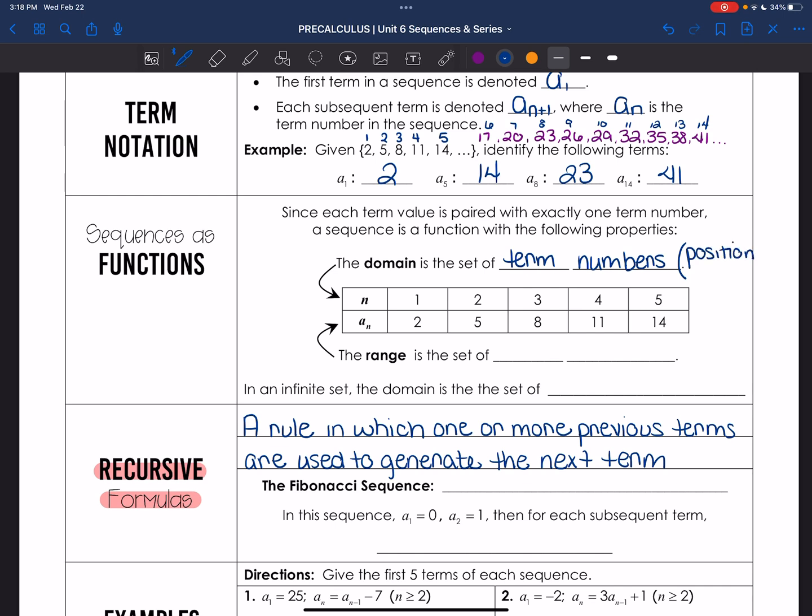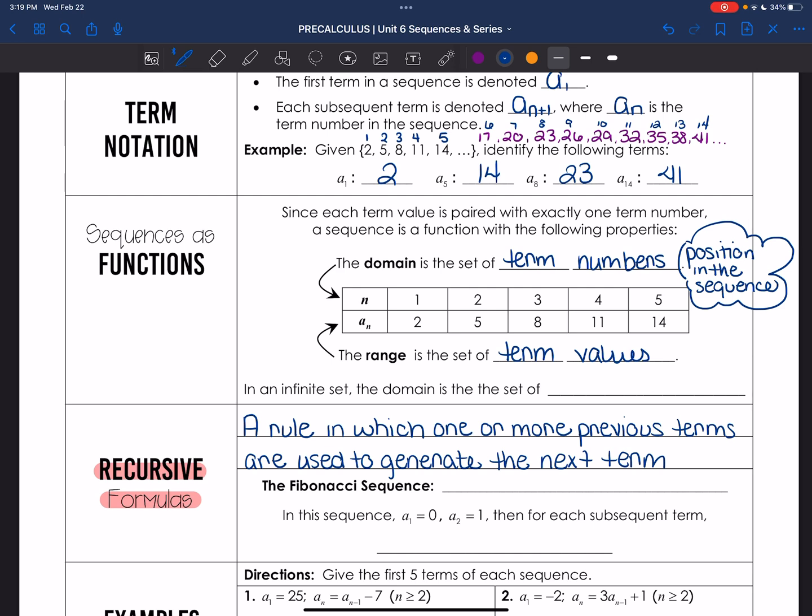I like to say their position in the sequence. And so our domain in this example would be all the n's, their position, their number of that term. And the range of the set is going to be the term's values, meaning what is the value at that position.